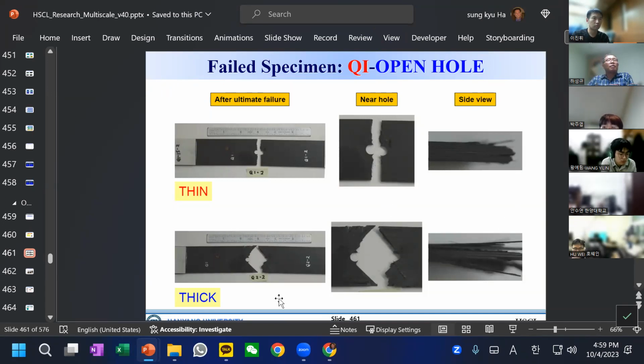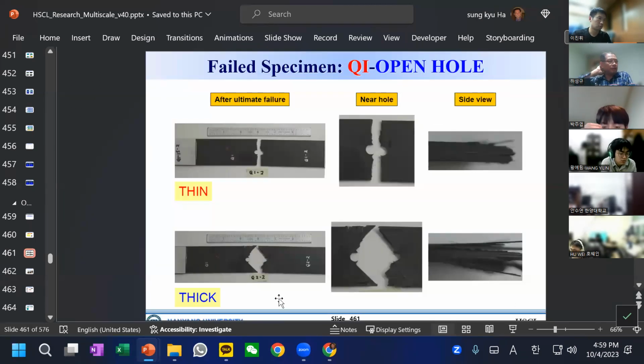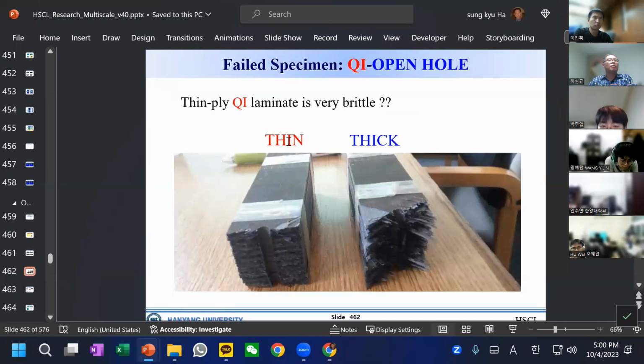This study was done about 8 or 10 years ago. At that time, we in the composite society didn't understand why there is a failure like this or failure like that. And through many specimens, very consistently, we can observe that there's a very thin vertical failure, and this is a thick ply failure.